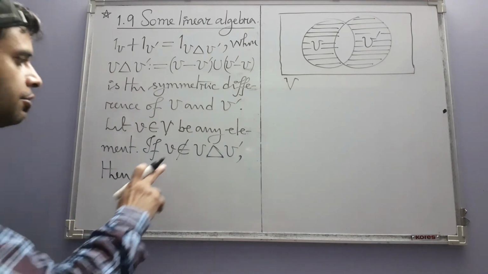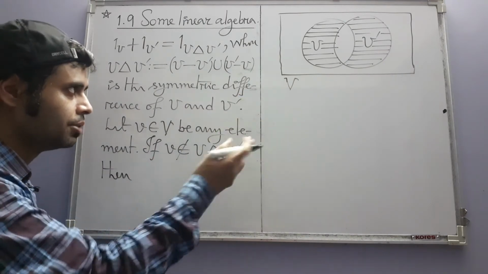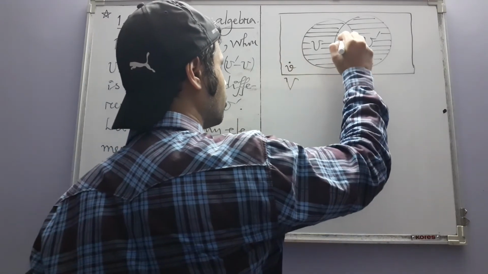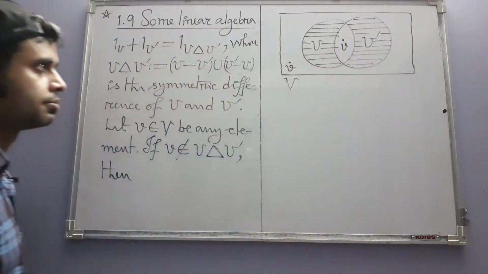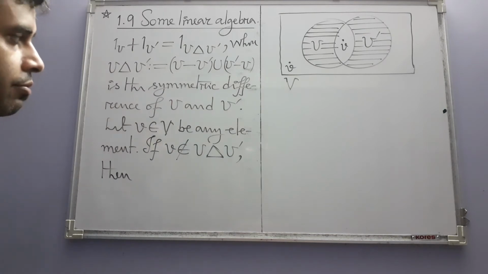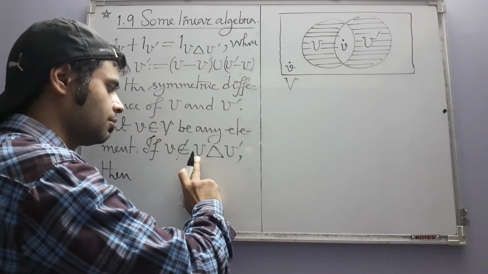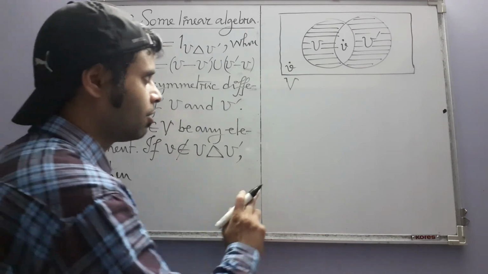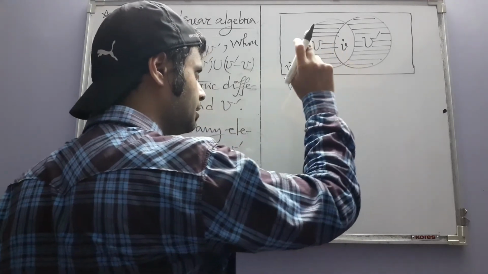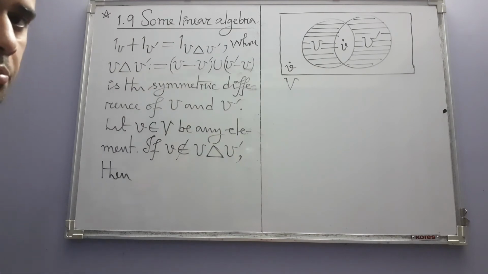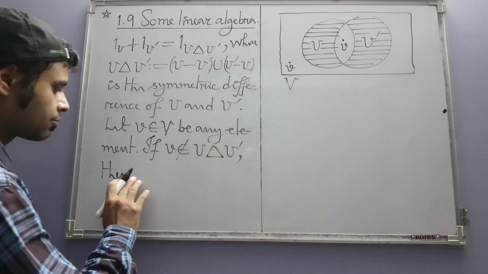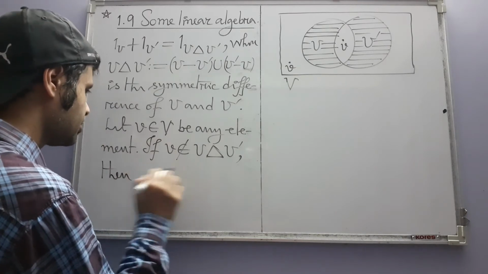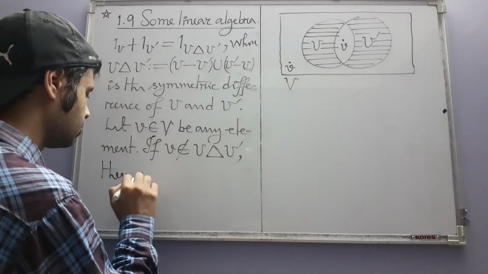Now v not being in this set means either v is not in the union of u and u prime at all, or v is sitting in the intersection of u and u prime.